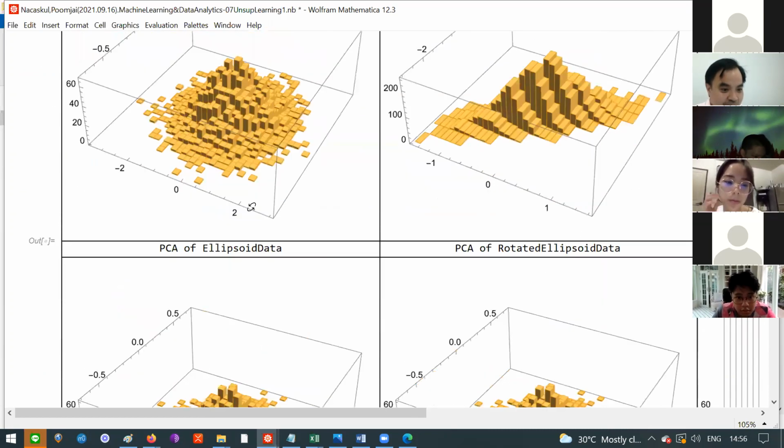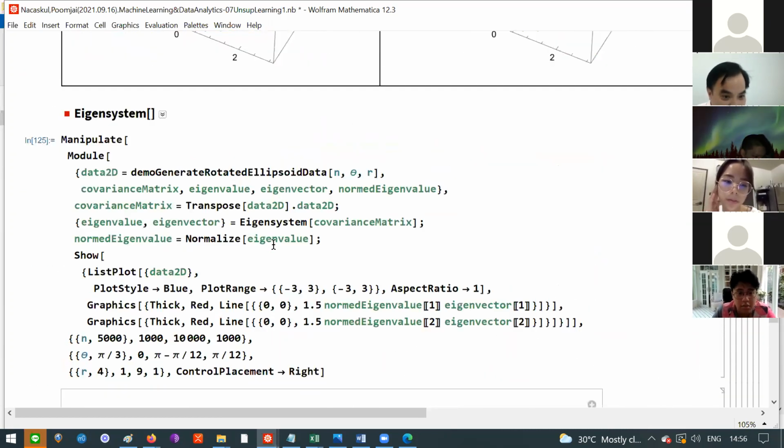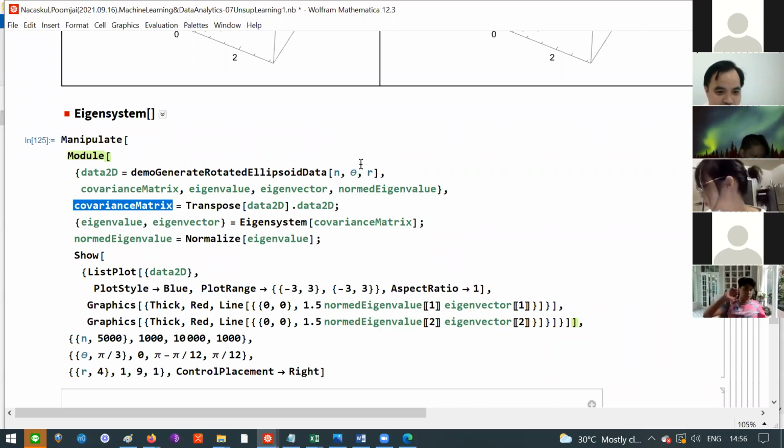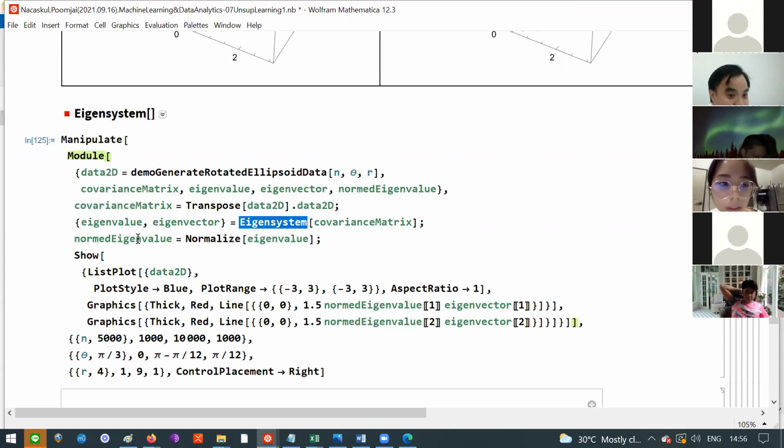I would take this data set, data 2D. I take the transpose, multiply it, and I call it my covariance matrix. That's my XTX. Now I call it covariance matrix proper because I actually generated it with a normal distribution, but never mind. And I do the same thing: eigensystem, eigenvalues and eigenvectors of this.